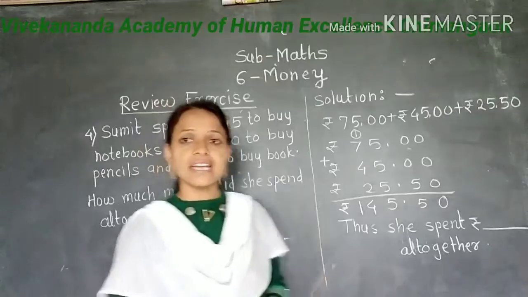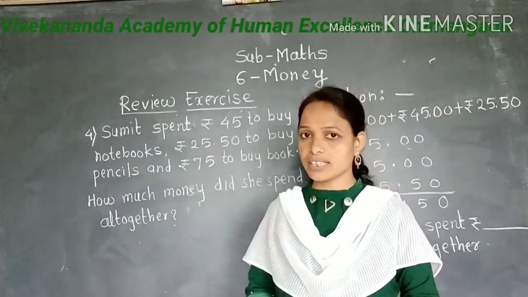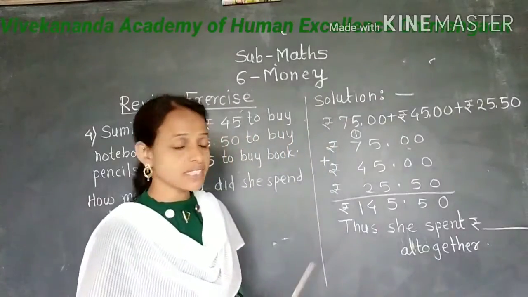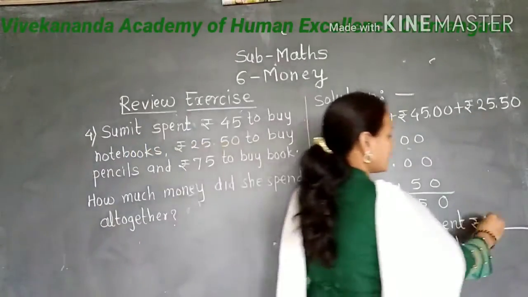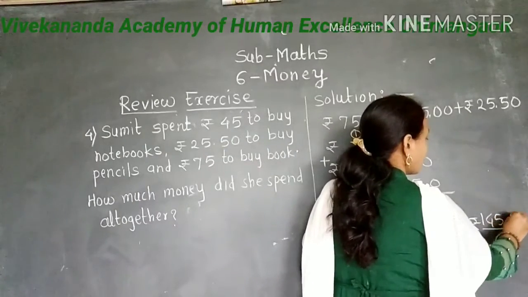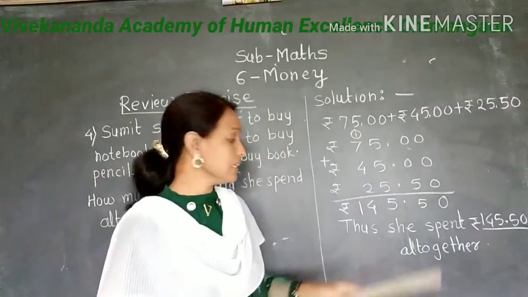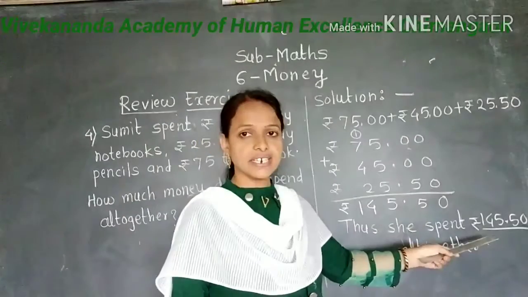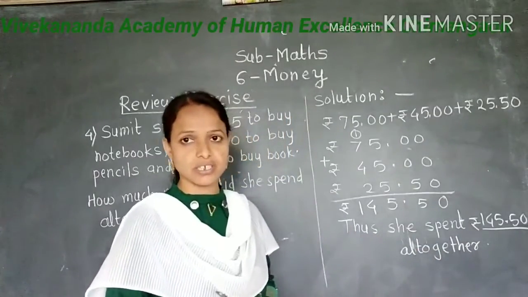Okay, so here they ask how much money did he spend altogether. So what is our answer? Thus he spent 145 rupees 50 paise altogether.